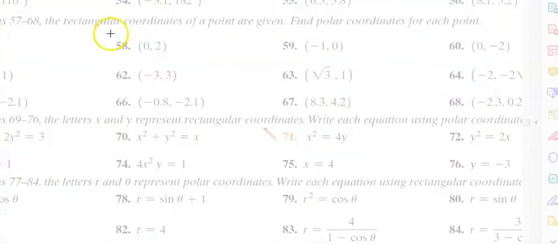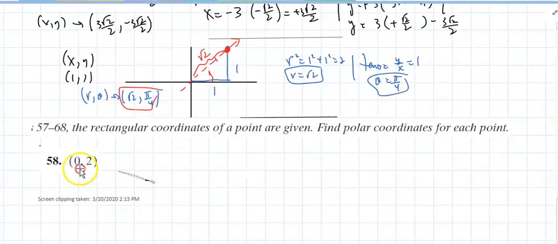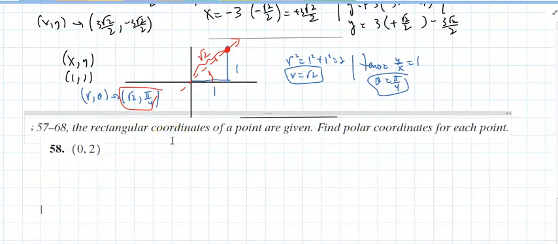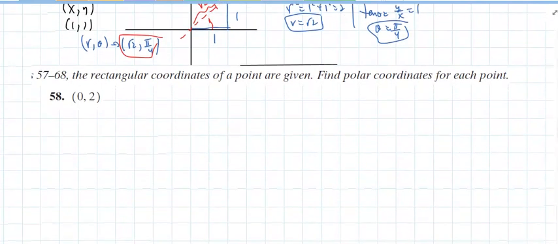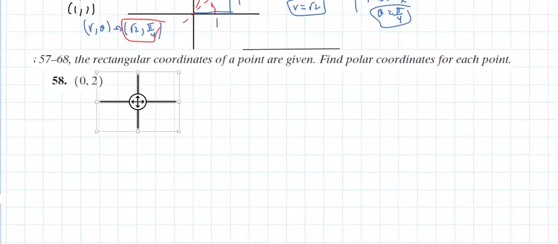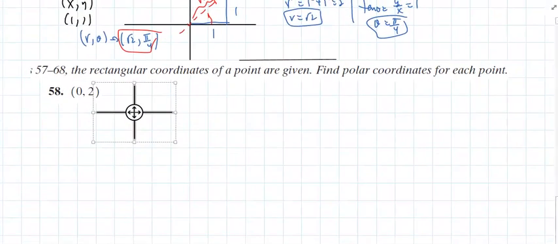If I take problem number 58, this is a rectangular point, so this is x and y in this case.